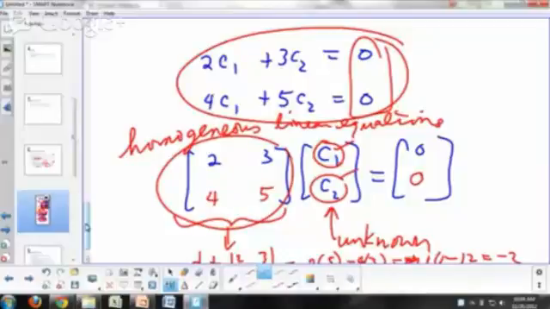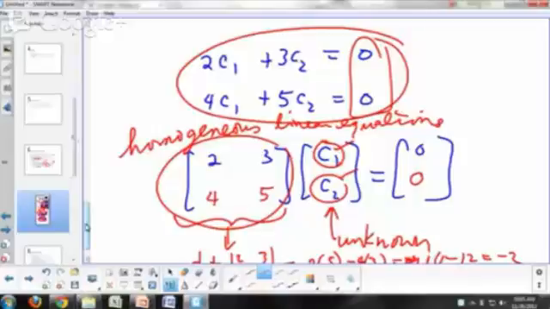Now, if the determinant, however, happens to be 0, then you can have what are known as non-trivial solutions. If all the coefficients are 0, that's called a trivial solution. You can have a non-trivial solution if the determinant happens to be 0.